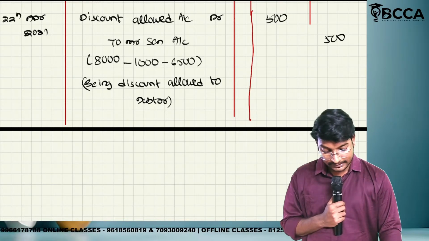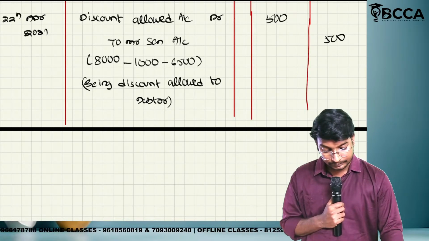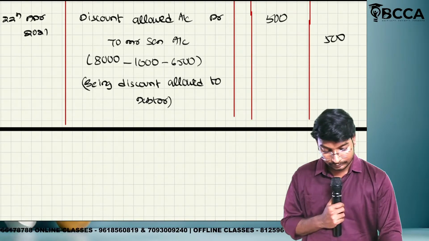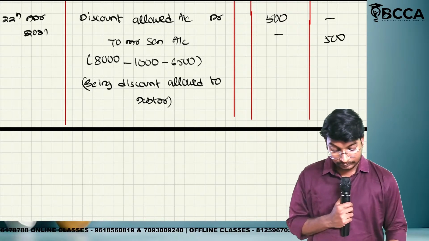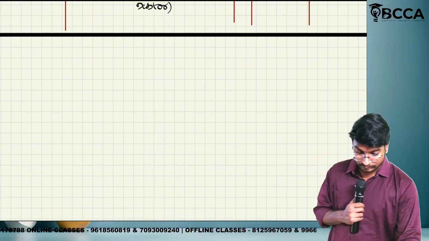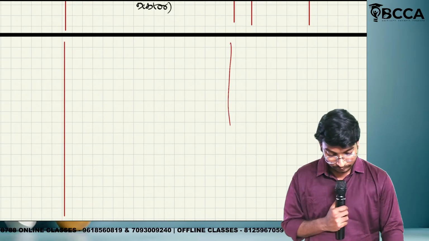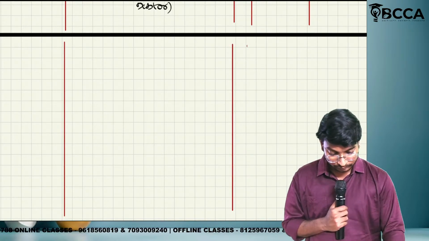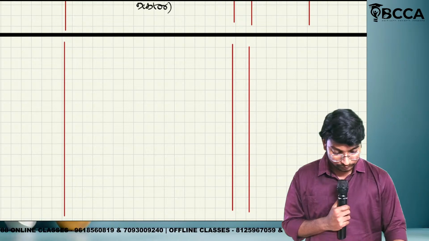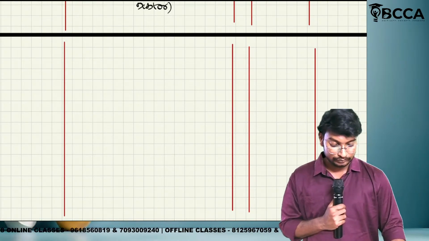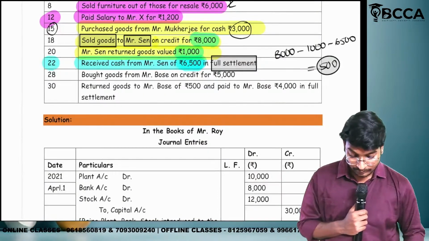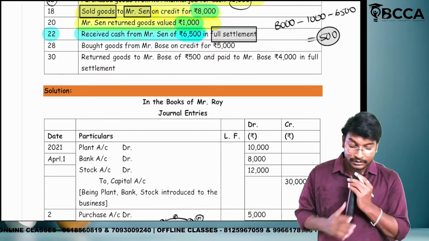What is the next transaction? Bought goods from Mr. Bose on credit.